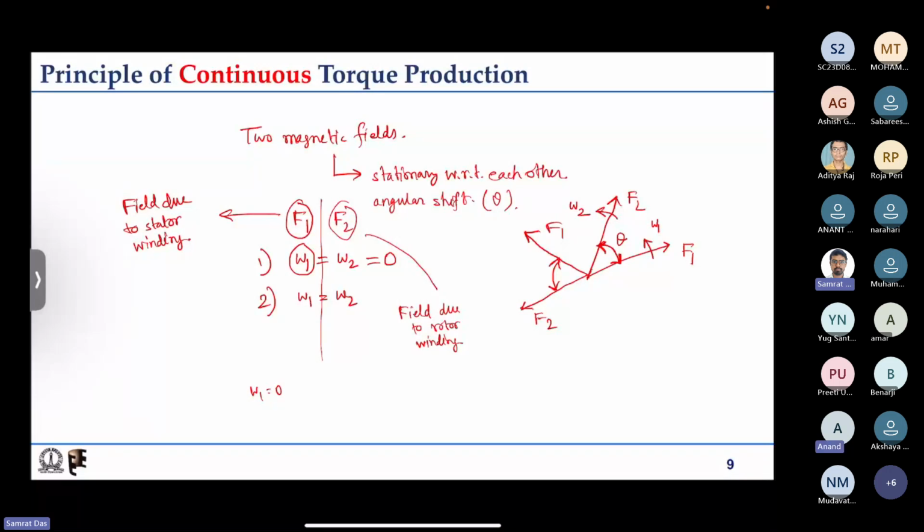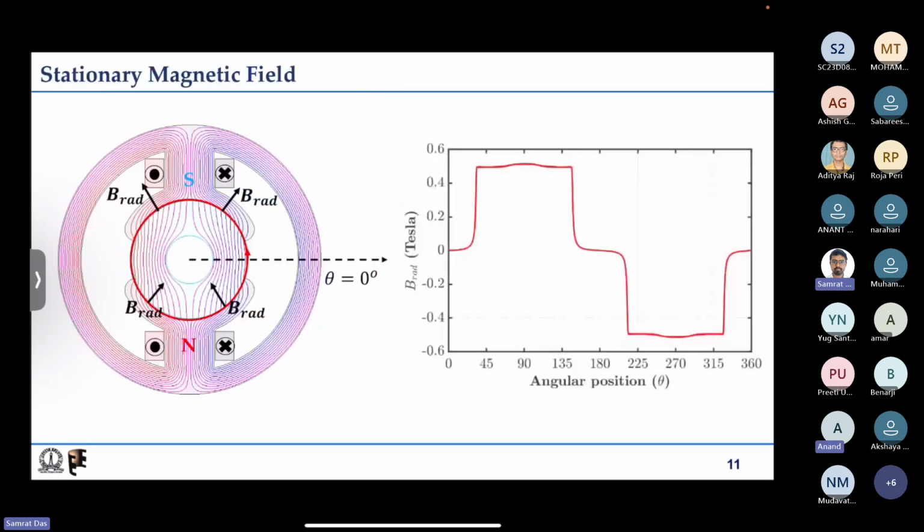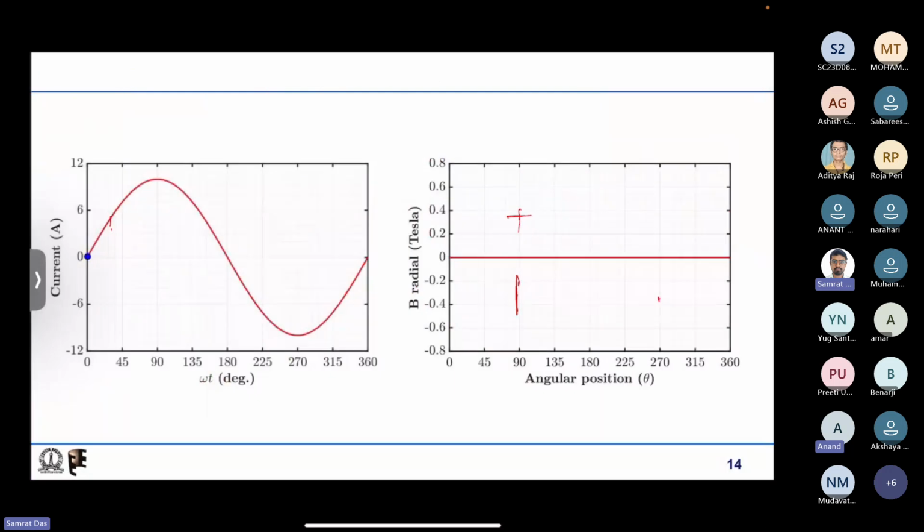So now one is stationary and one is rotary, correct? Here, the first case, whatever you evaluated, is by injecting DC current. Then again, with respect to the same stator only, we were trying to inject AC and see how the magnetic field is being created.